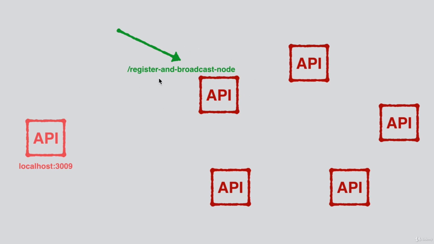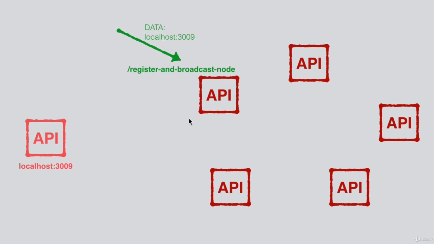When we hit this endpoint, we need to send along the URL of the new node that we want to add to our network, which is localhost 3009. Cool. So that's the first step for adding a new node to our network.